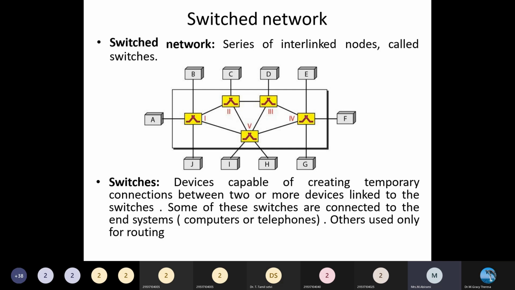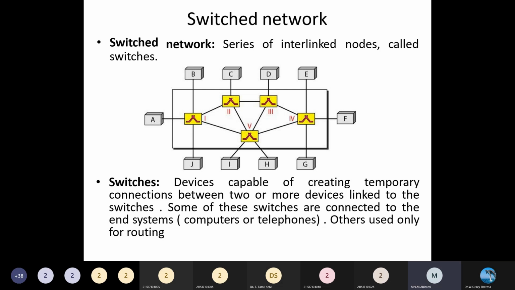This is achieved by switching between two or more devices linked to the switch. Some of the switches are connected to the end system, that is, one system to another system, using routing. That is the concept of a switched network.